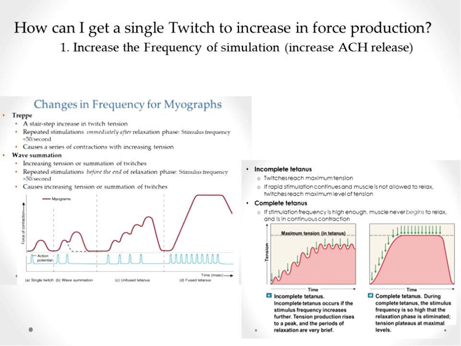Okay? So to get a twitch to go higher in force production: one, mess with the sarcomere resting length. Two, mess with the frequency.